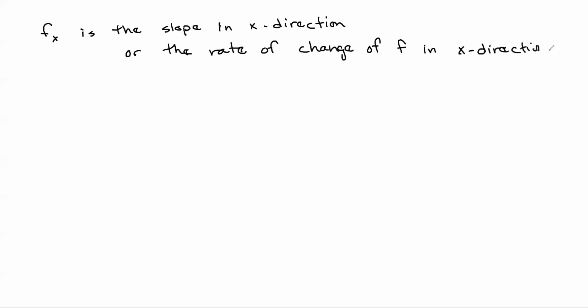And in this case, we mean the positive x direction. And just to be crystal clear here, if the partial with respect to x is greater than 0, then the slope in the x direction is positive.